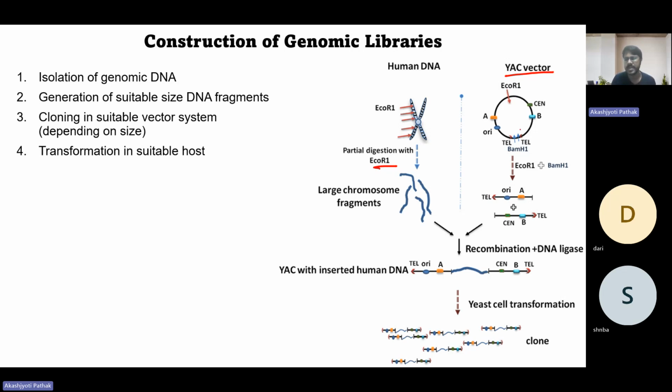So you treat this vector with BamH1 and EcoR1, a double digestion, and you get two DNA fragments, and then recombination or DNA ligation is done. When this DNA ligation is done, you can see here that this EcoR1 site and this EcoR1 site will join with each other because of the complementary DNA sequences.